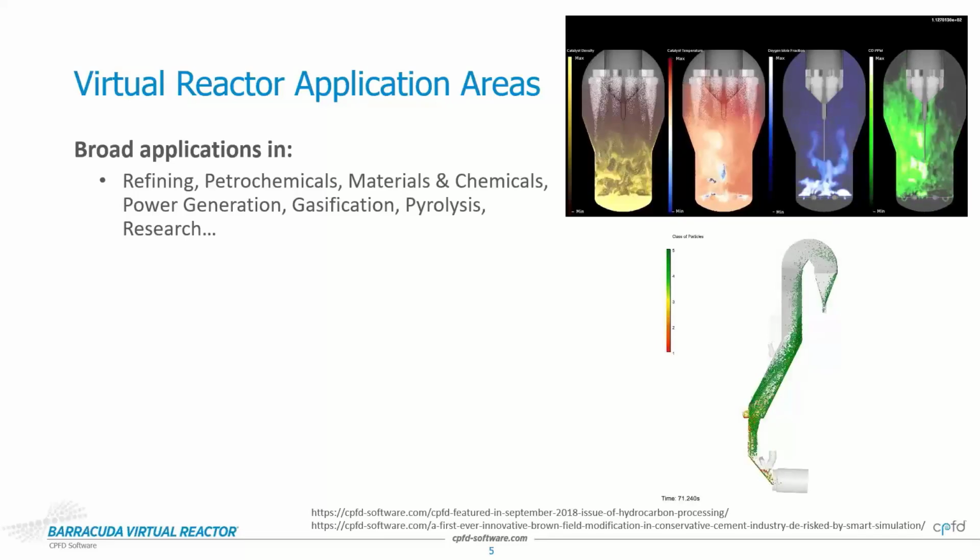But these alternative fuels, often waste-derived streams or biofuels, are lumpy. They move differently through the calciner. So Virtual Reactor was used here for a European cement plant to increase the thermal substitution rate significantly while reducing CO emissions by up to 80%.